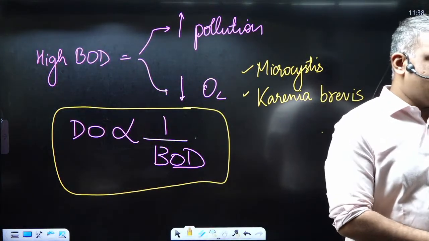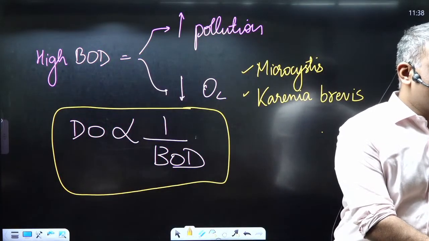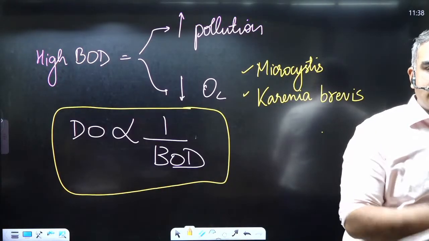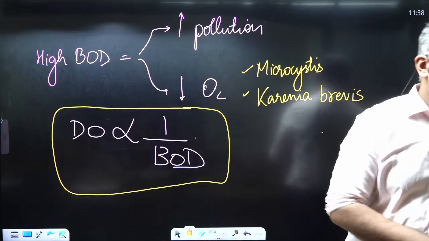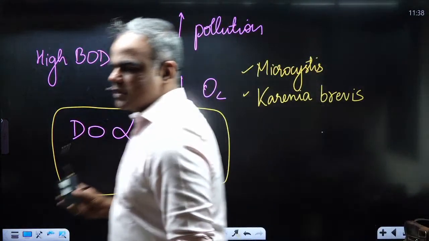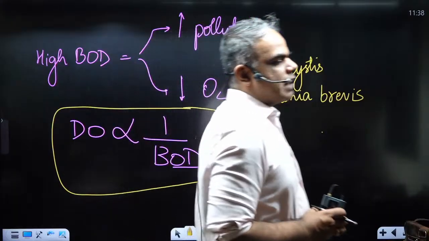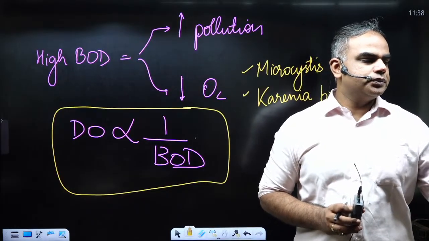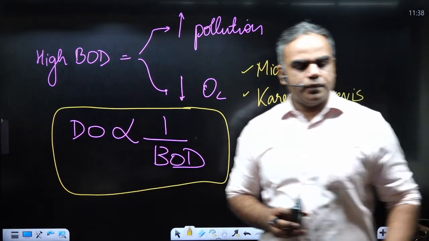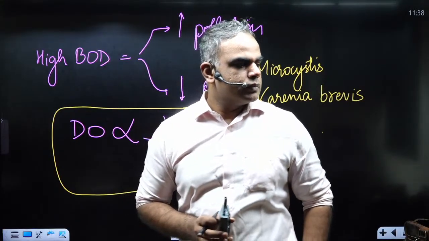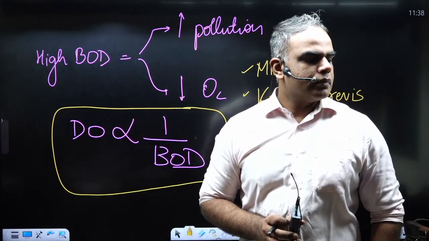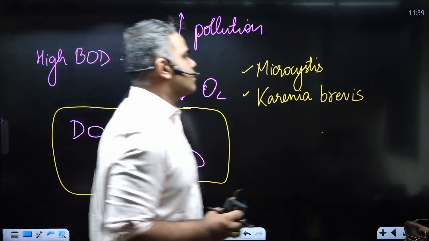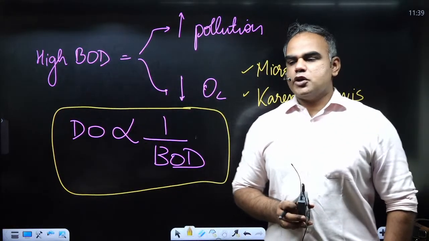Second, Karenia brevis. So first point what we've written is certain species of algae release toxins. Two examples we have seen. Second point, it is harmful for fish, livestock, and humans.